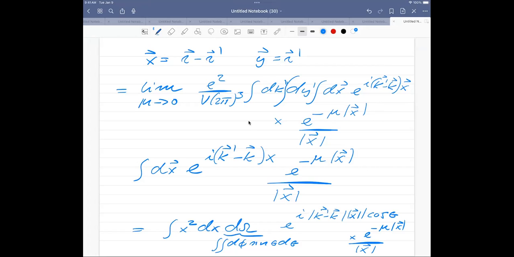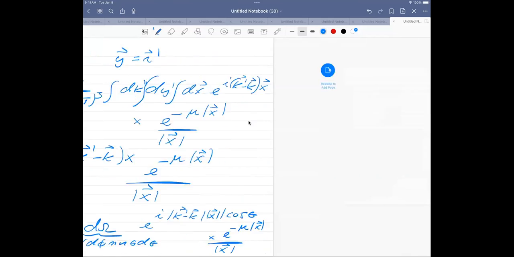So let's wait a little bit, because now I'm going to plug that into the integral. I'm going to change variables again, because this absolute value of x I will simply rewrite as x.